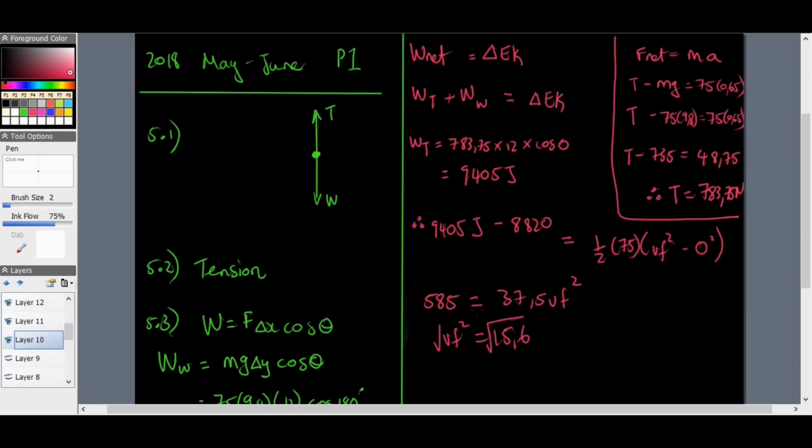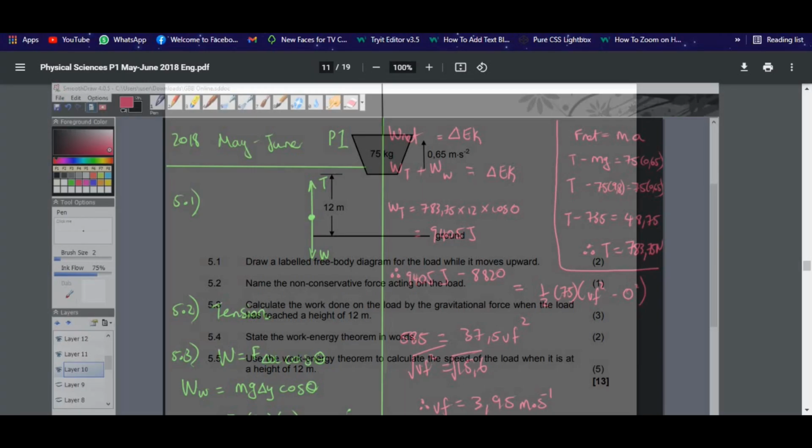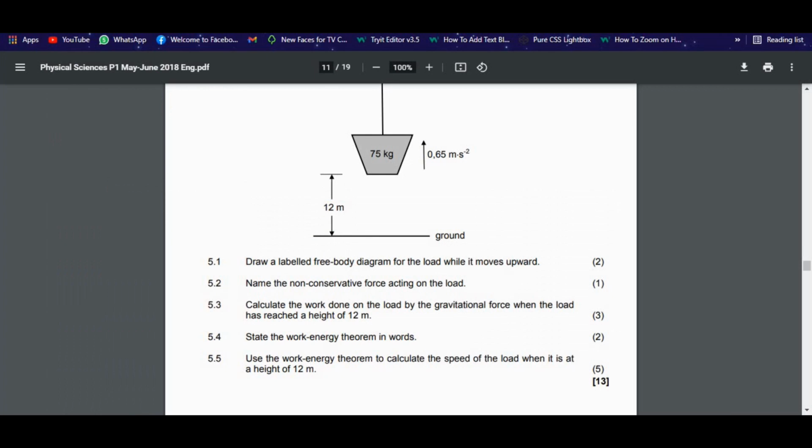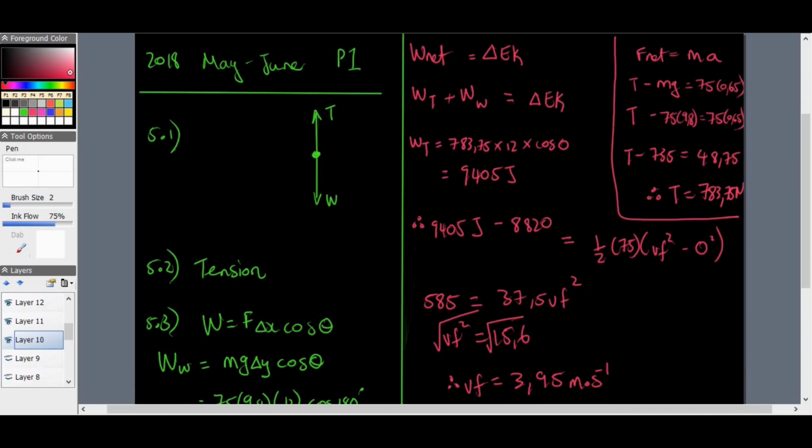And we're going to square root both sides, and therefore Vf is going to equal 3,949, so 3,95 meters per second. 3,95 meters per second is, as the question wanted to know, the speed of the load when it is at a height of 12 meters, starting from the ground.